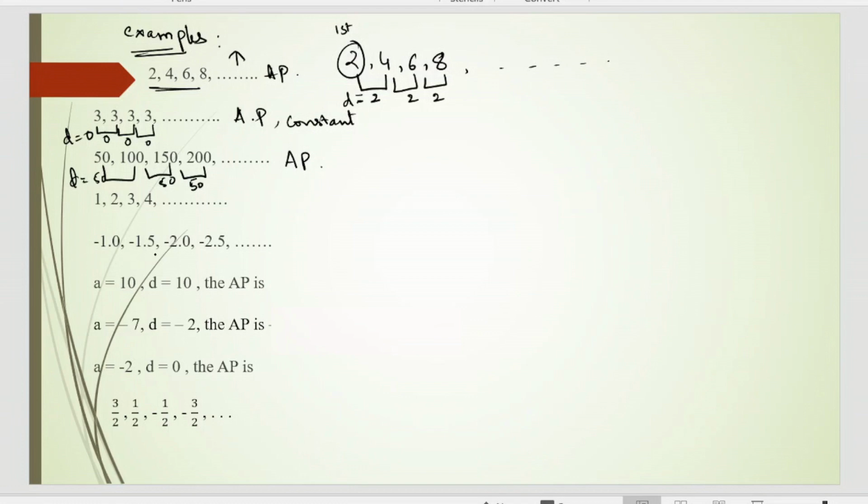Minus 1, minus 1.5, minus 2, minus 2.5. So is this an AP? Now what is the common difference? Minus 1.5 minus of minus 1.0, which is minus 1.5 plus 1.0. Here you will get minus 0.5. So here the common difference is minus 0.5.